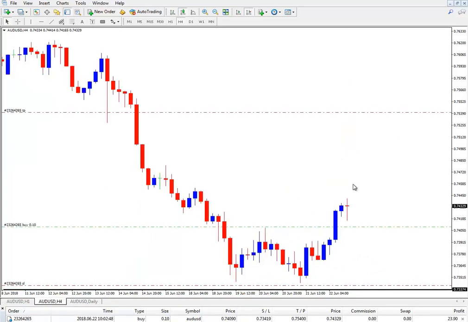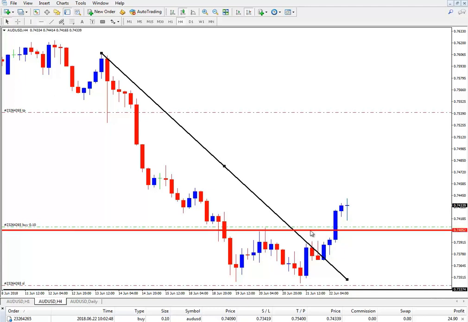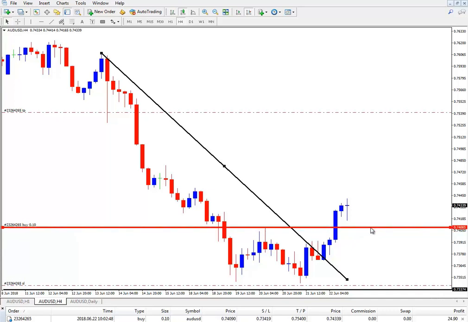Last I will come to my trigger chart, and it is the 4 hour chart. Here I will buy from this area.